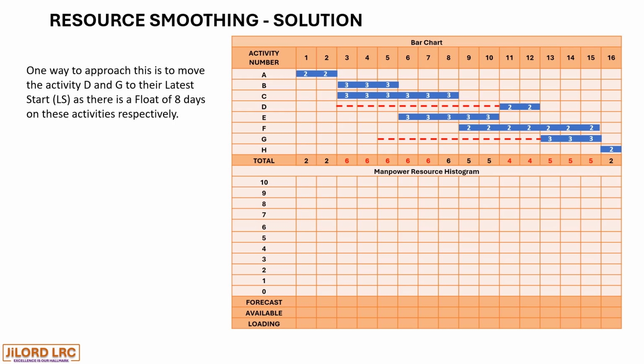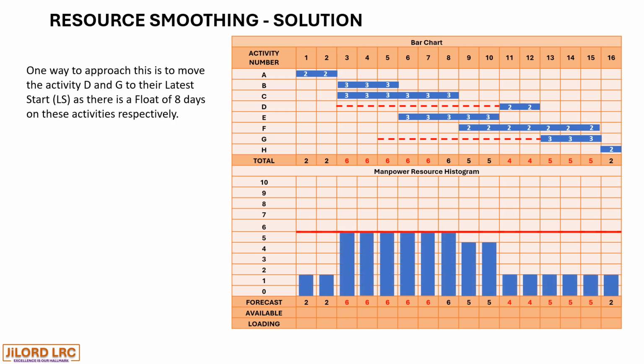And the day 11 to day 15, day 11, which used to be only 2, is now 4, and which is within the 6 resources available. So with this, we can draw our resource histogram.